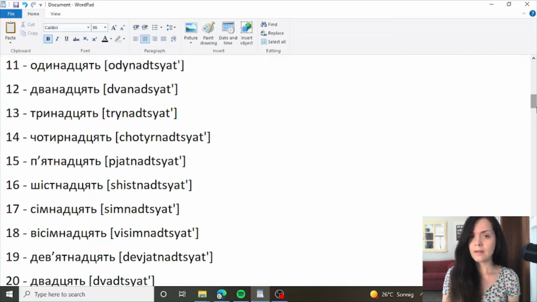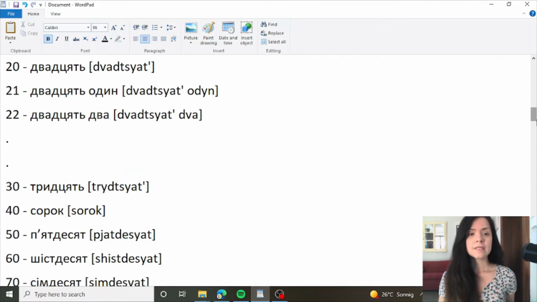So to say 20 in Ukrainian, we say двадцять. If we want to say 21, 22, 23, etc., we are following the same scheme that we have in English. First we say 20, and then we say 1.